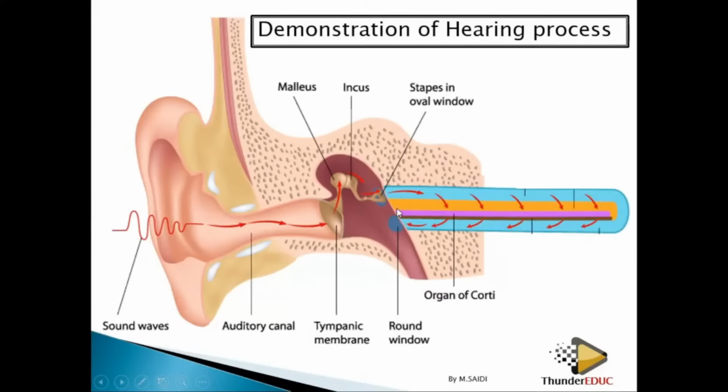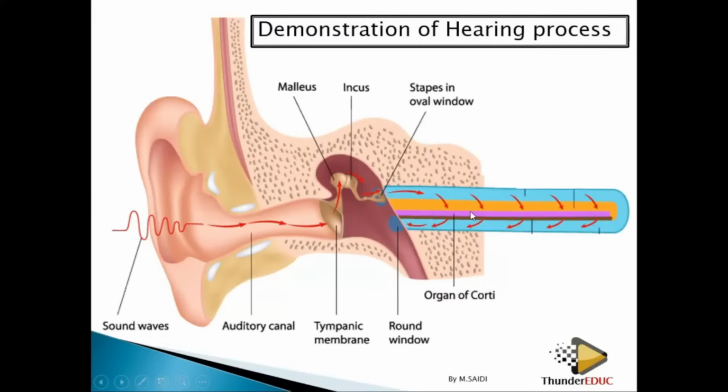It's called peri because it is on the outside, the peripheral sides of the cochlea, and endo because it is inside. So the outside fluid is called the perilymph, and the inside fluid is called the endolymph.